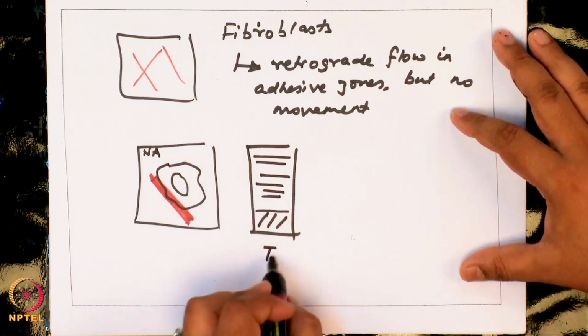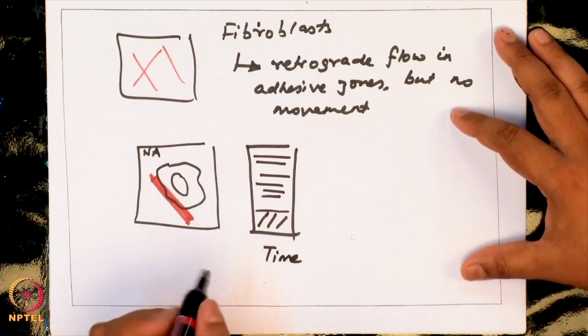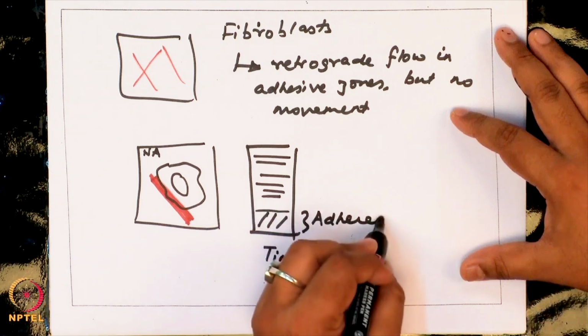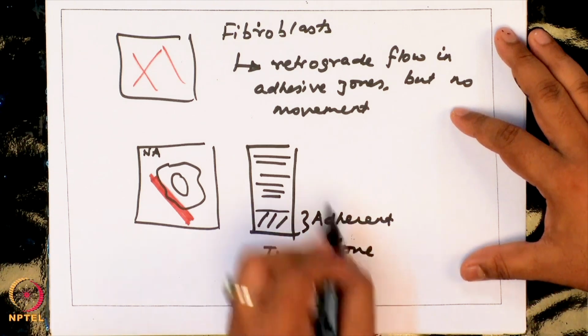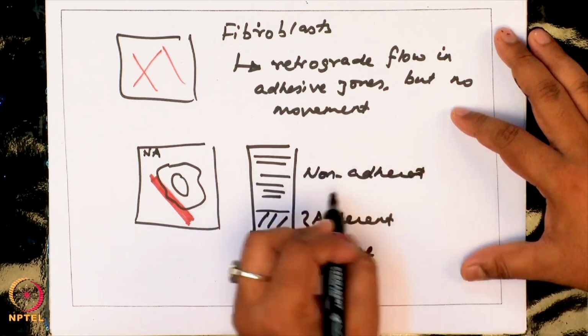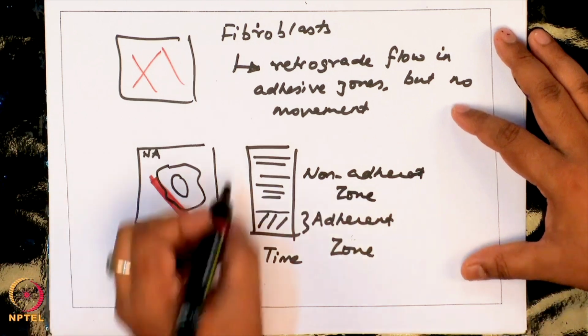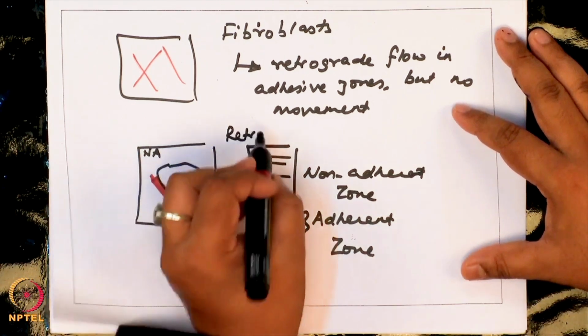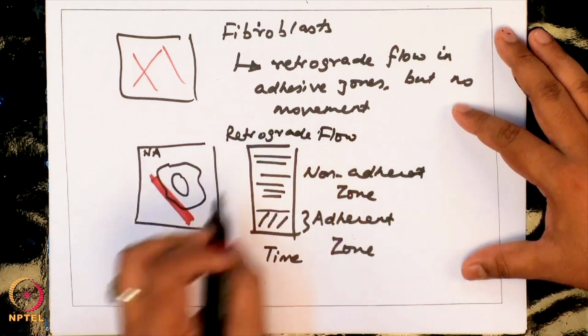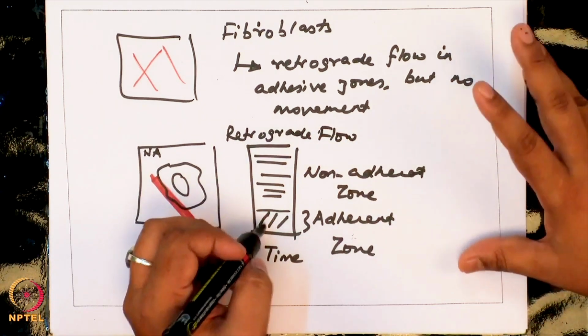So, this is again my time axis. This is your adherent zone and this is the non-adherent zone. So, your retrograde flow is 0 in the non-adherent zone, but it is positive in the adherent zone.